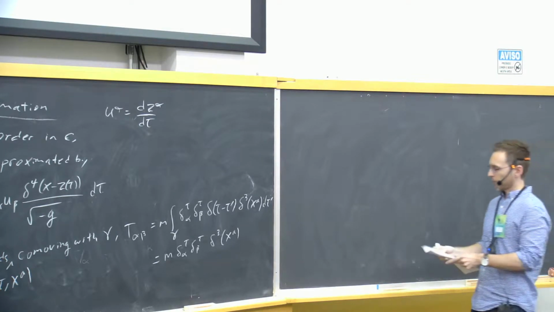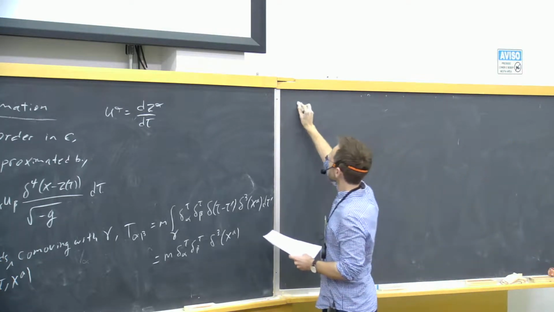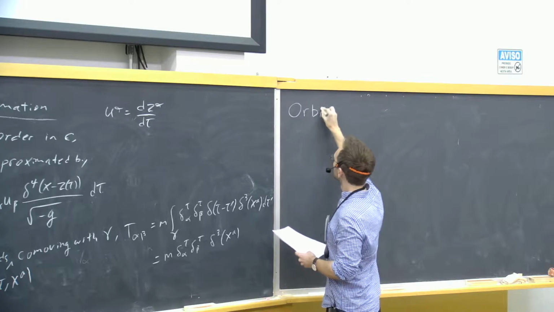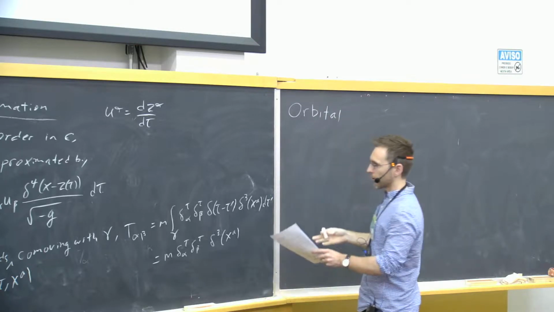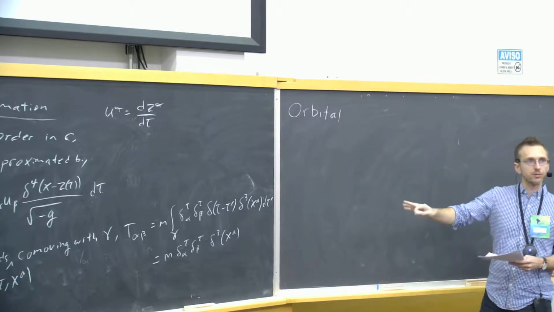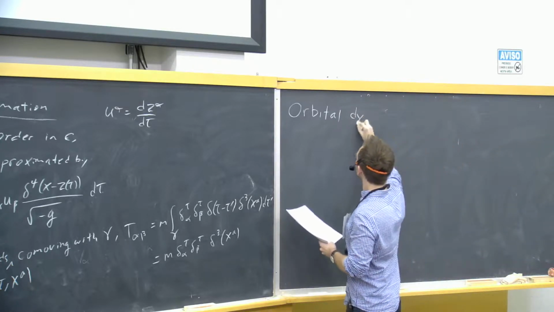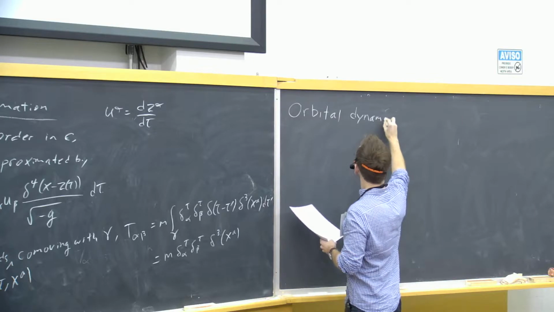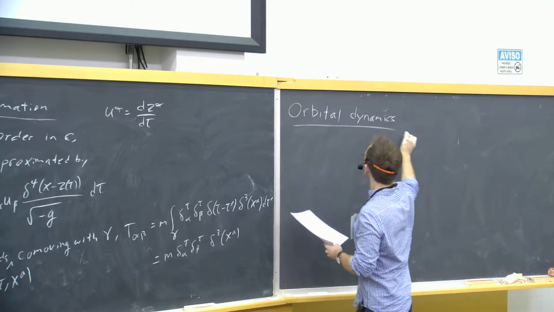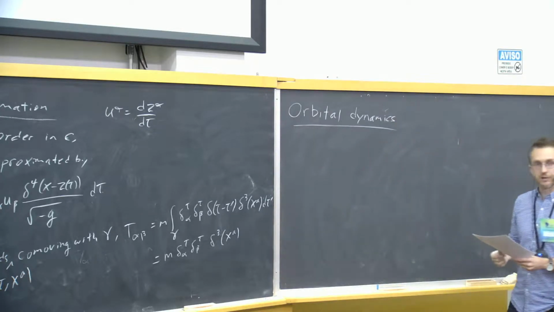Okay, so the next topic I want to move on to is orbital dynamics. Rather than immediately going in and trying to solve the Einstein equation with this point particle source, I'm going to describe some general properties of the orbits we're looking at.